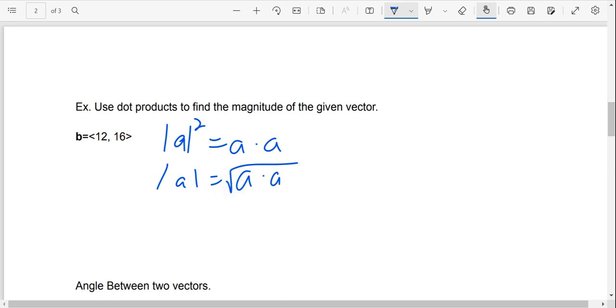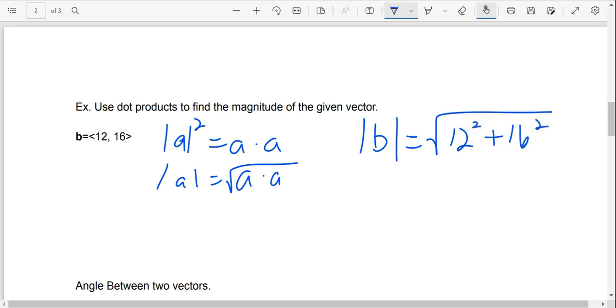So in this case, the magnitude of B is equal to the square root of 12 squared plus 16 squared. If you simplify this, it will come out to be 20. Go put it in your calculator, don't believe me. 12 squared plus 16 squared, square root that, you'll get 20, because these two will add up to 400. How lovely.